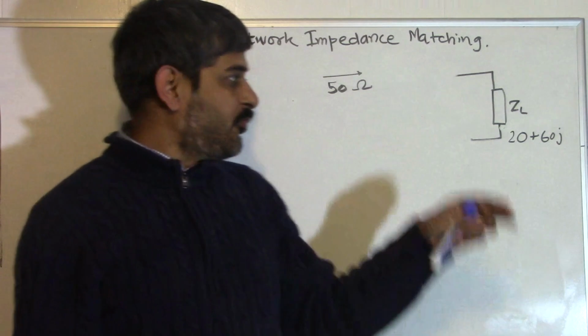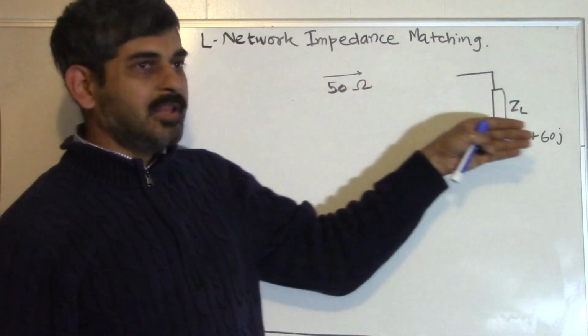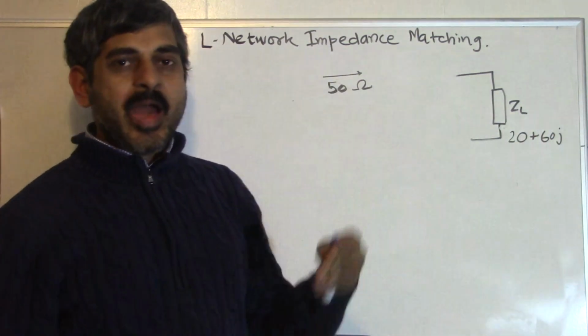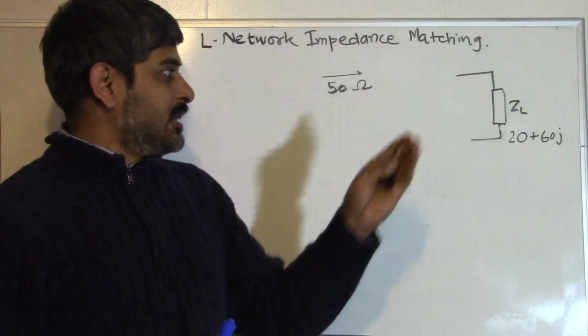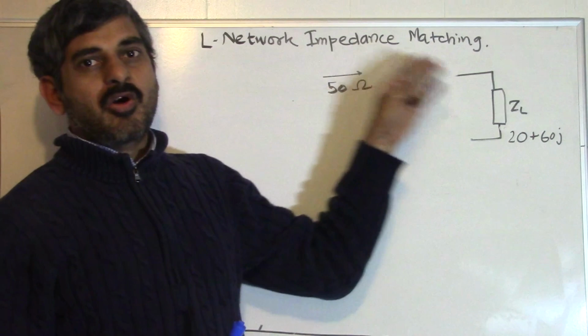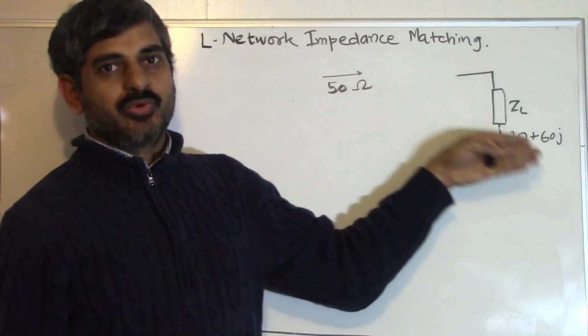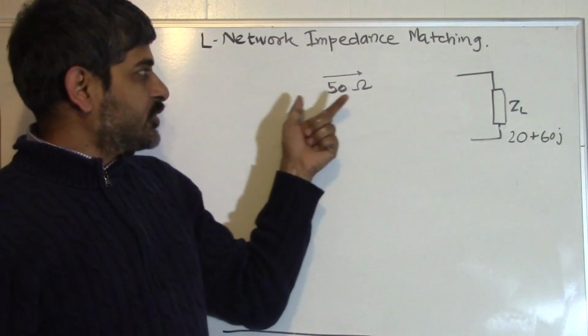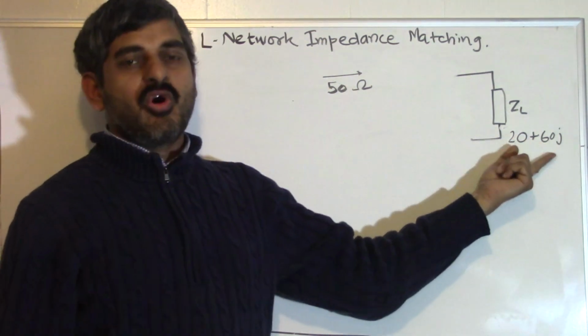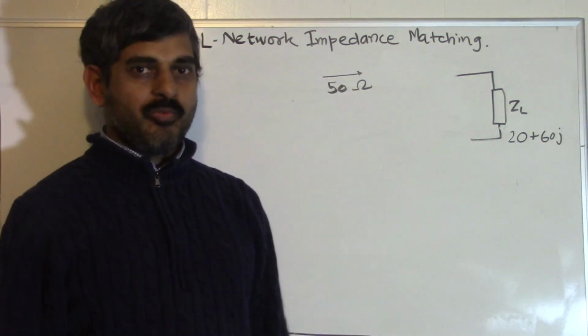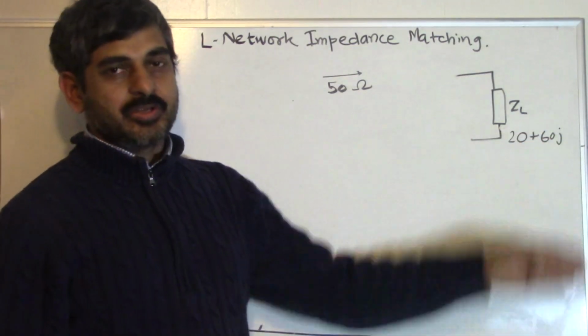So in order for the source and the load to match for maximum power transfer, this load must be the complex conjugate of the source impedance. So if the source impedance is 50, then the load impedance should also see a 50 ohm resistor.